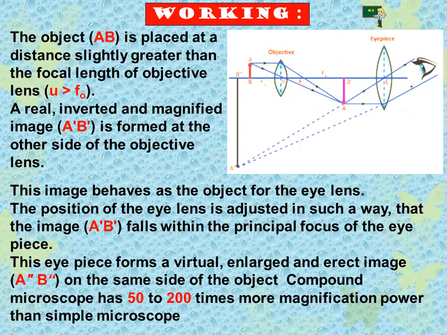This eyepiece forms a virtual, enlarged and erect image A''B'' on the same side of the object. A compound microscope has 50 to 20 times more magnification power than a simple microscope.